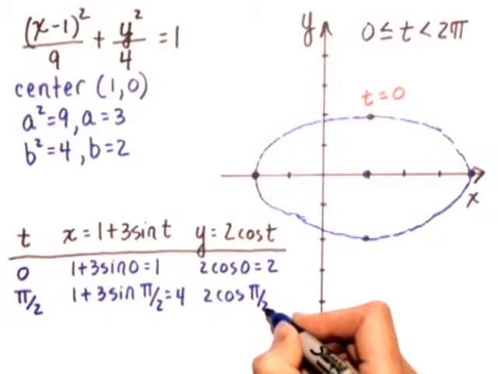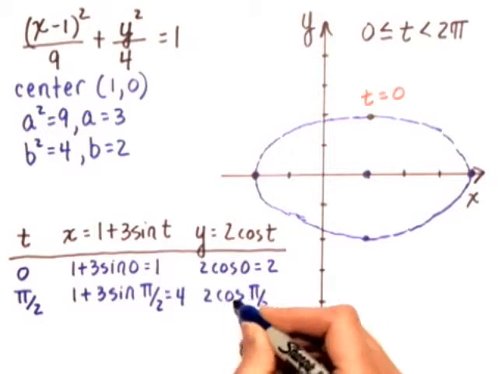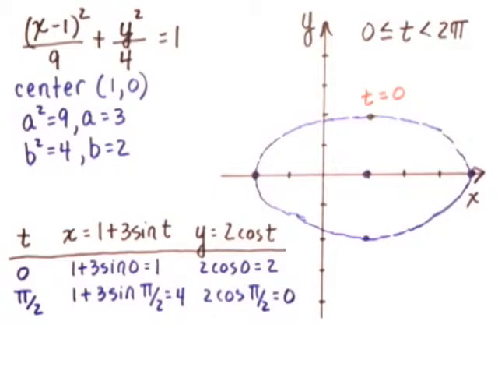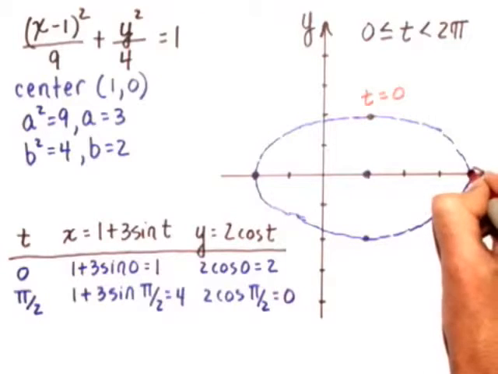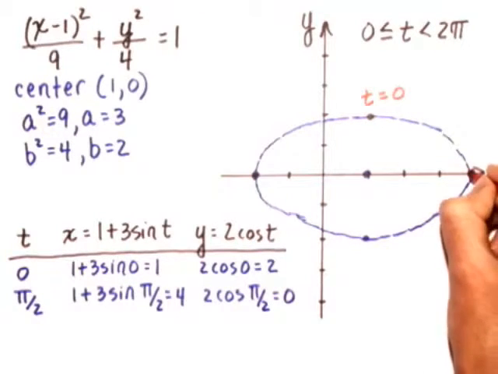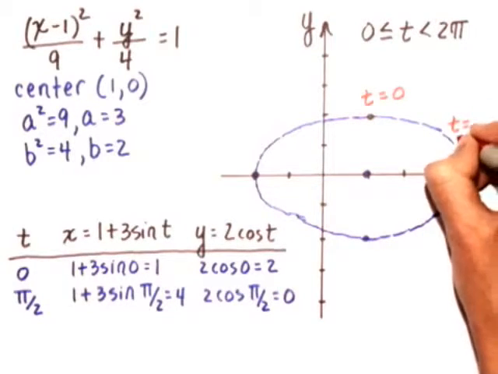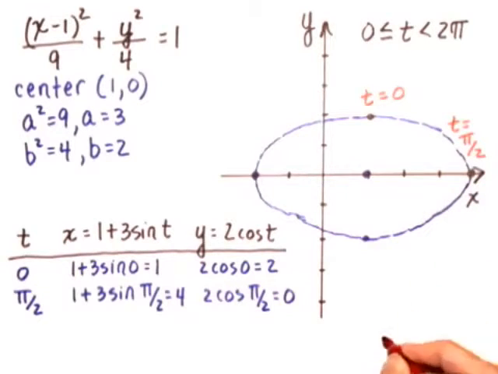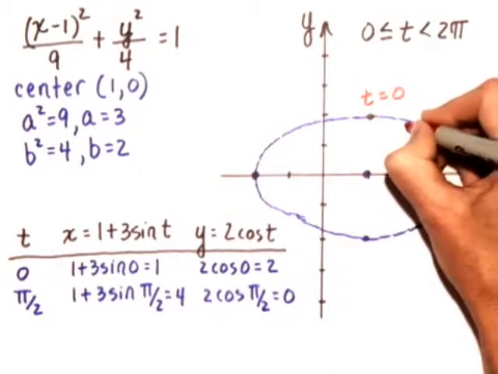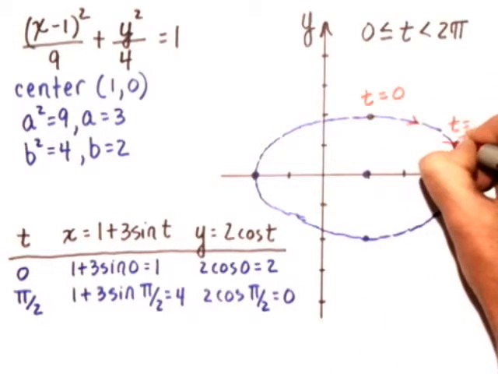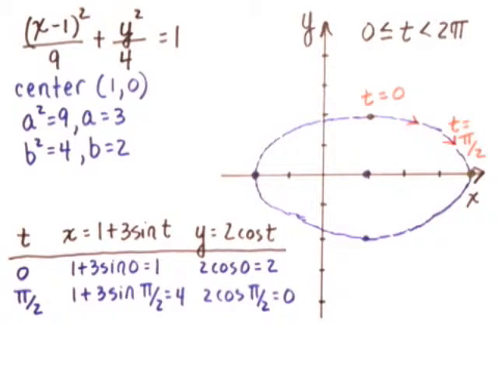Since the cosine of pi over 2 is 0, 2 times 0 is 0. So our next point on our curve is 4, 0. Right here, it's one of our vertices. This point corresponds to when t is equal to pi over 2. So we can see the direction arrows going in this direction.